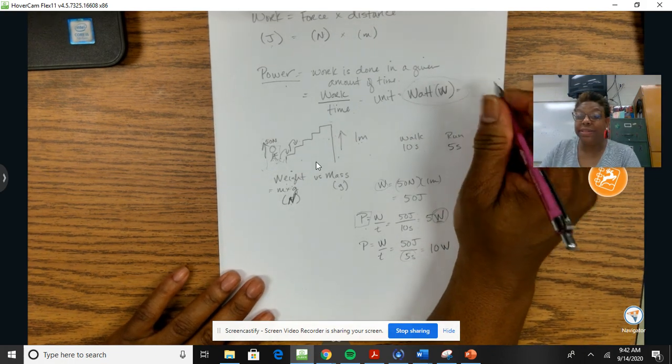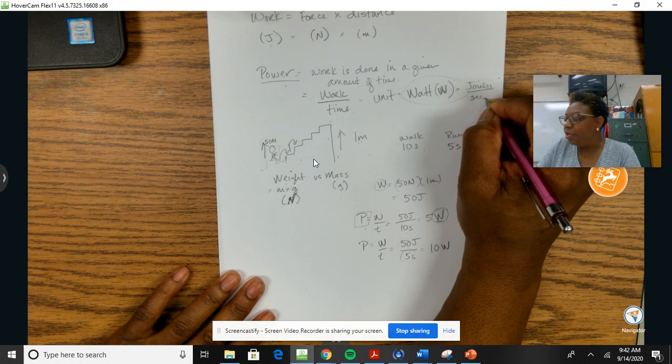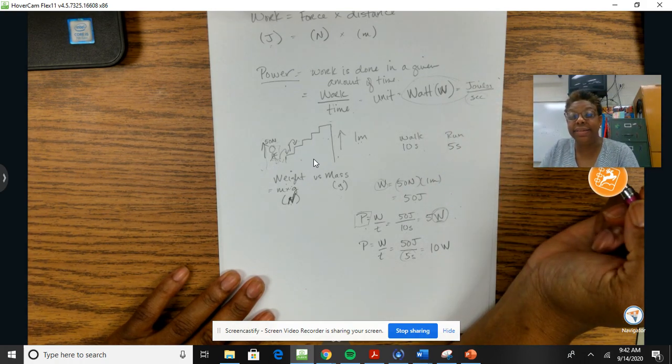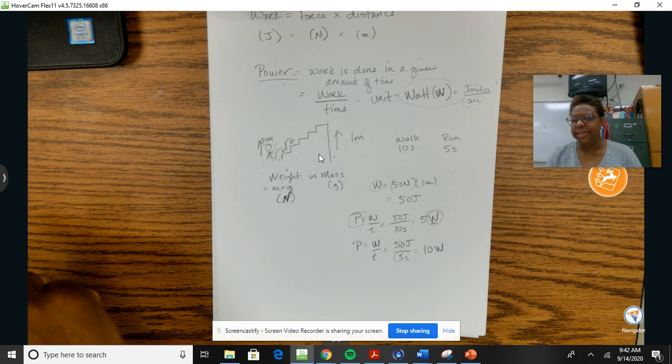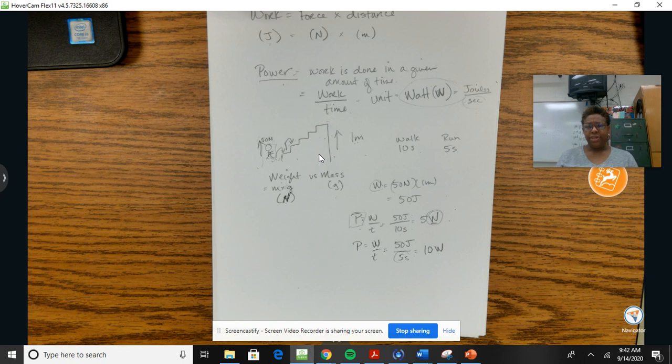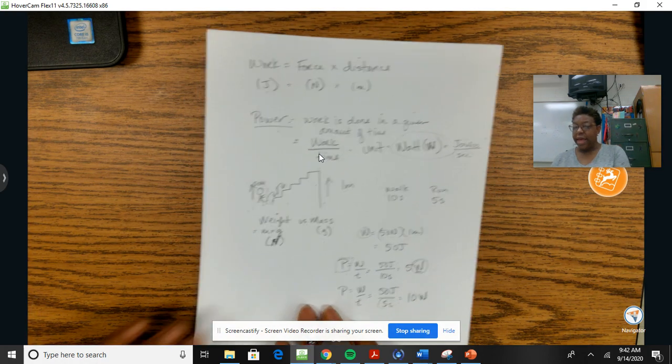So a watt is specifically joules per second. So your time unit has to be in seconds. Now, I'm not going to ask you to do any additional conversions to get there. One of the examples that I'm about to do for you is going to require me to do that, but I'm not going to ask you to do it on the practice problems that I'm assigning for you. Okay, so let me walk you through using the calculation.